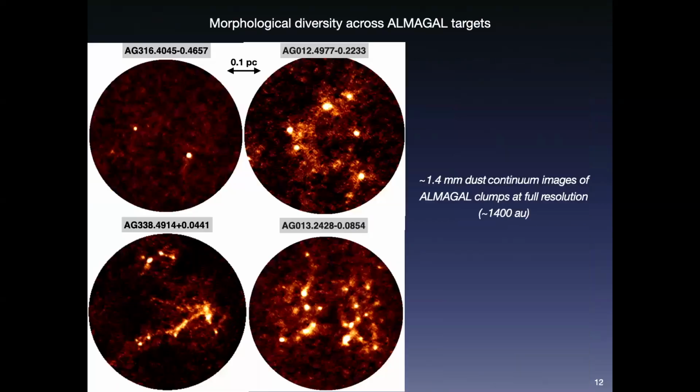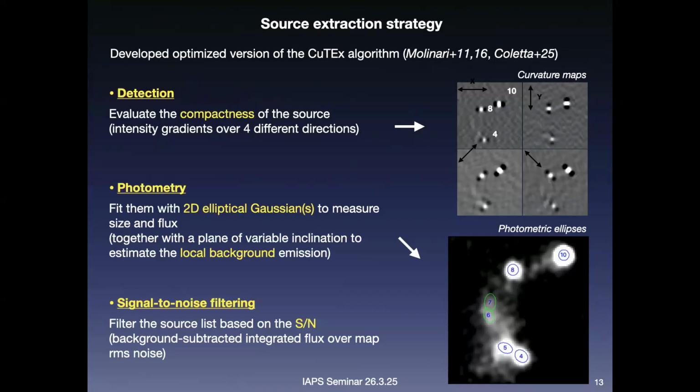In this kind of maps, especially in the more complex fields, the contribution from the background emission can be very relevant in terms of flux, so this has to be estimated and removed from the final fluxes to obtain reliable measurements.